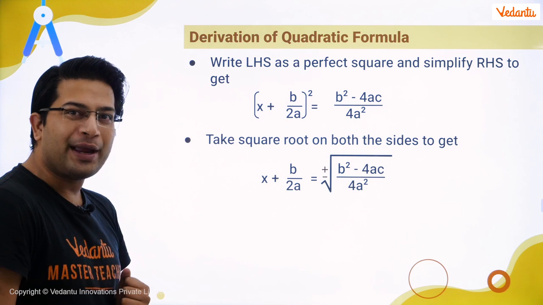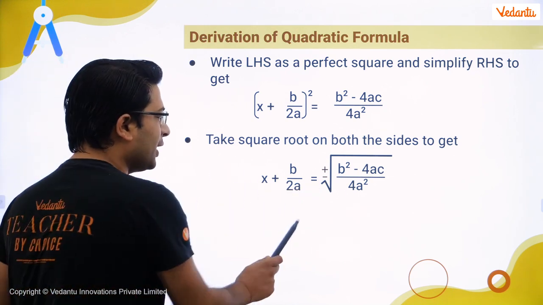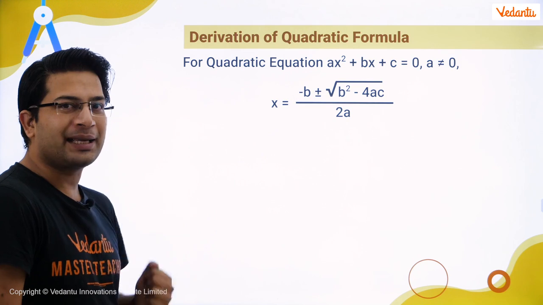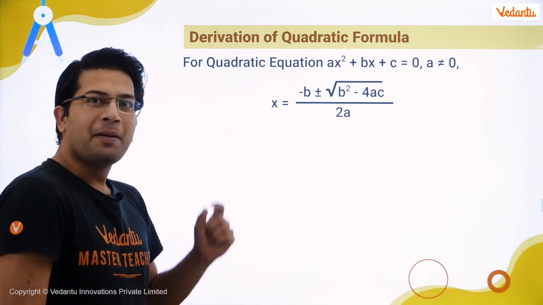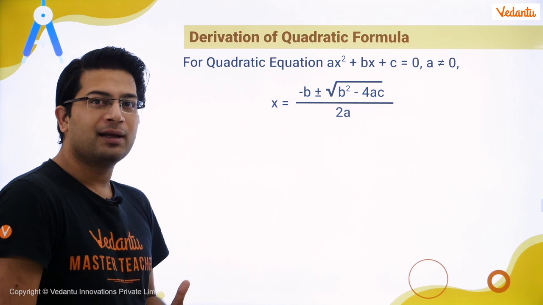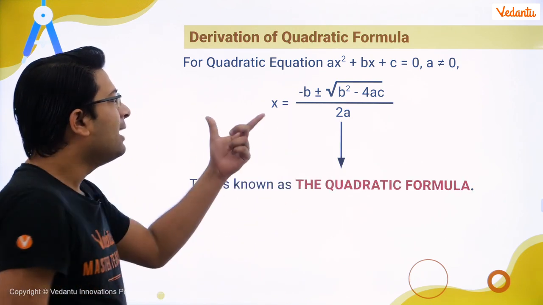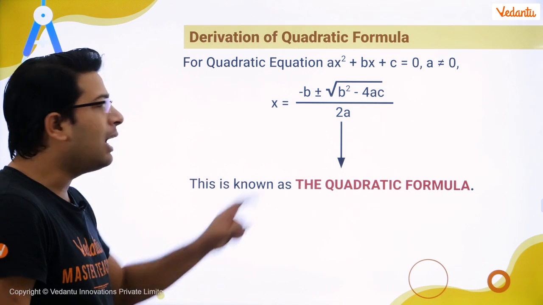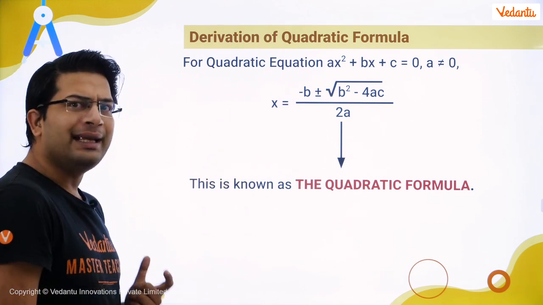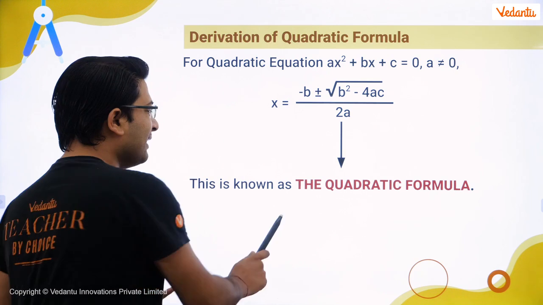After taking the square root and rearranging this expression, I get x equal to minus b plus minus under root b square minus 4ac upon 2a. One time we have to consider the plus sign, and one time the minus sign. And this is known as the quadratic formula. I hope it is clear.